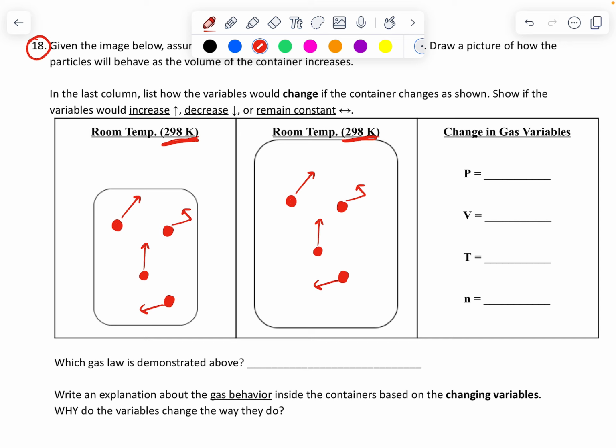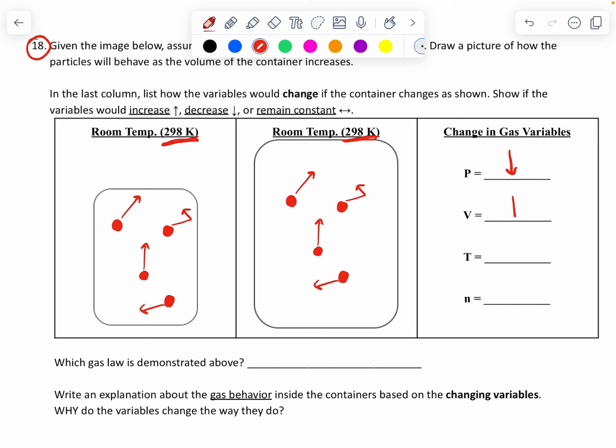Now, these same gas particles are going to have a much harder time finding the walls of this container. That's why the frequency, the number of times that these gas particles hit the walls, will decrease, because it's so big. So the pressure has to go down because these gas particles are not hitting the walls as much as they did before, right? So that's how the pressure is going down.